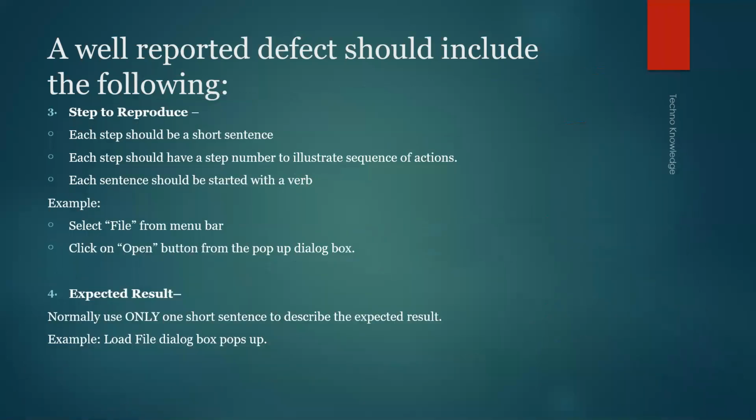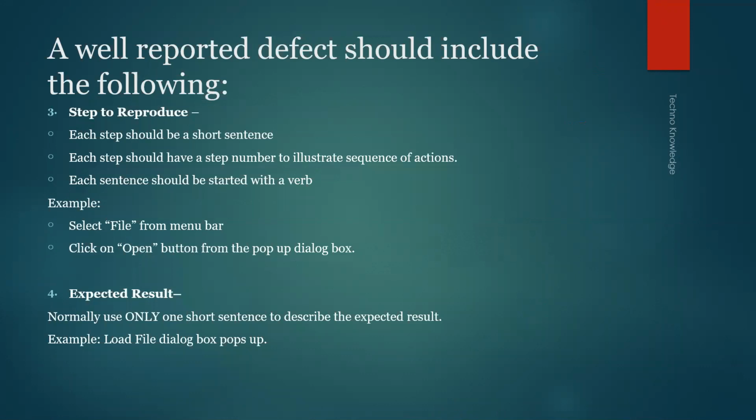Next come the steps to reproduce. This is very important because that is how we put the meat inside the defect. There are certain guidelines I would like to reiterate. Each step should be a very short sentence. Each step should have a step number, which illustrates the sequencing of actions.